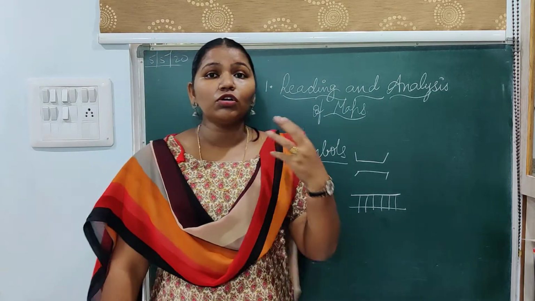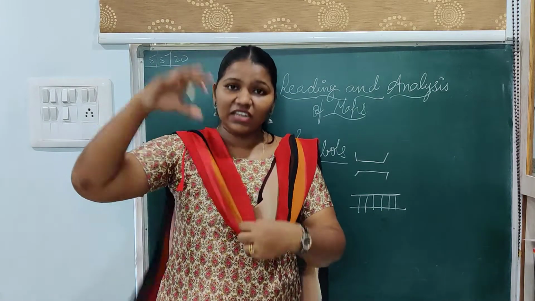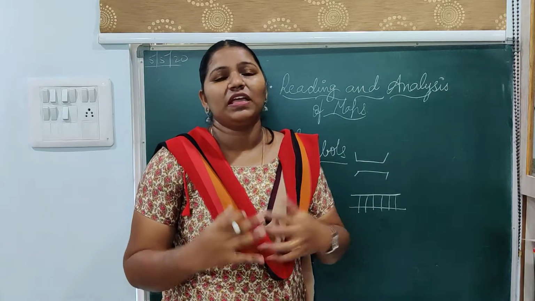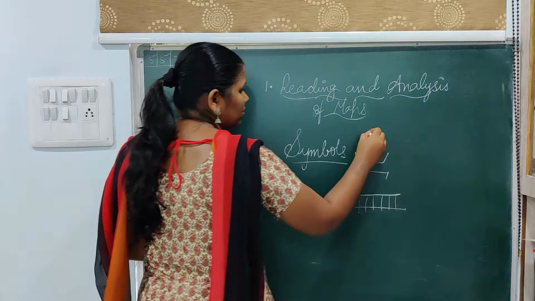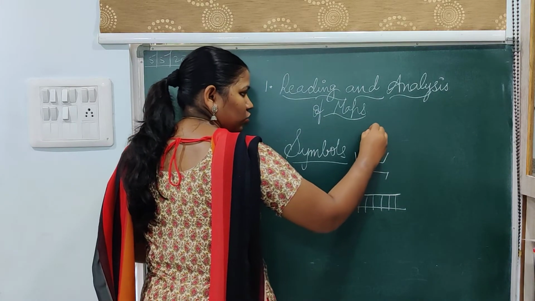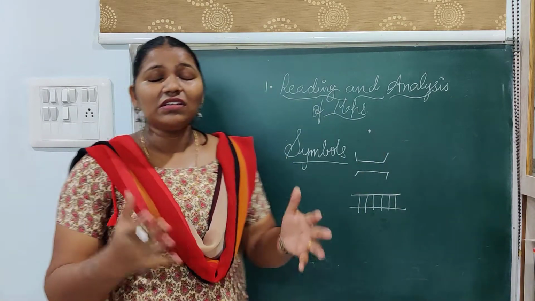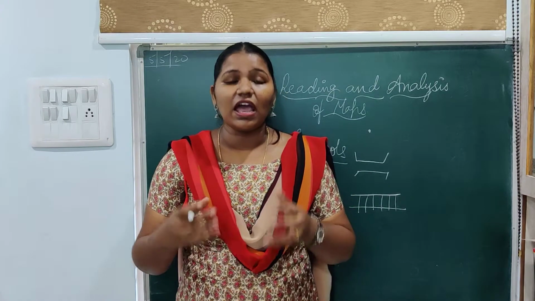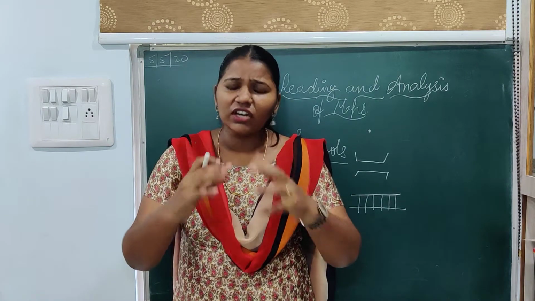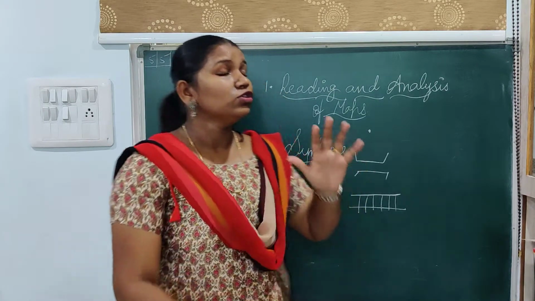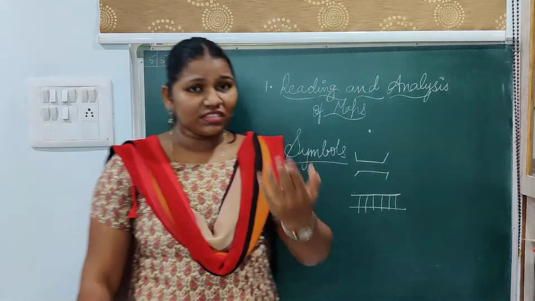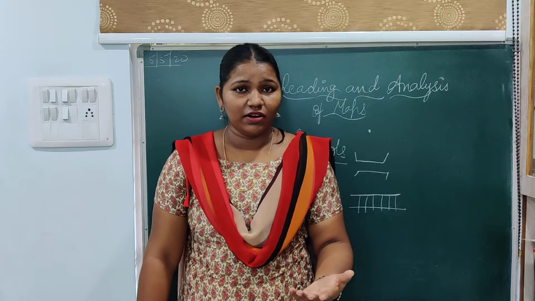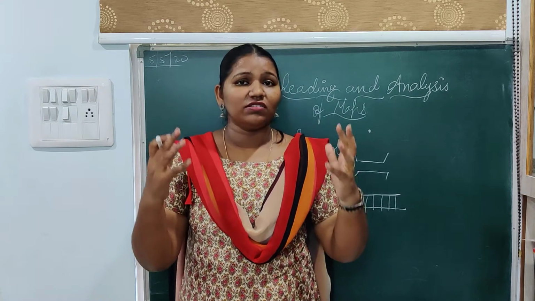Or if you want to say that it is the capital of some state or area, then you use the symbol of a big dot, right? In that way, different symbols can be used and you can show each and every feature on the map. So by those symbols, you can read the map. When you read something, then you can understand it, right? When you read, then you can understand.